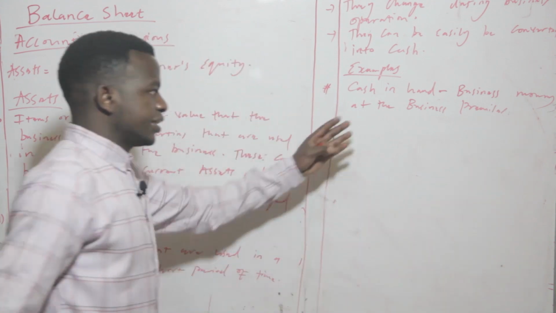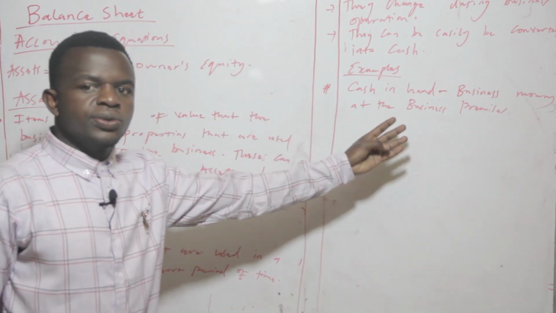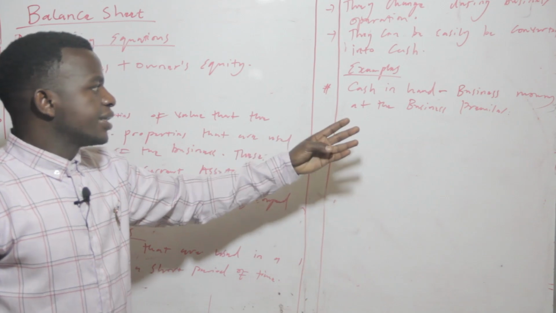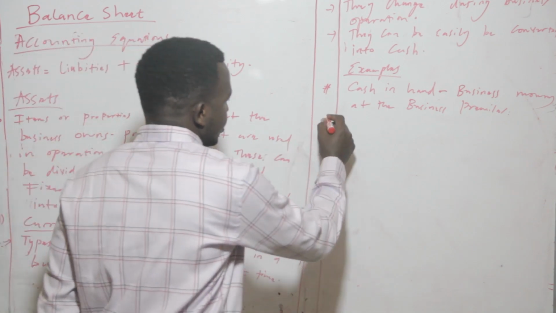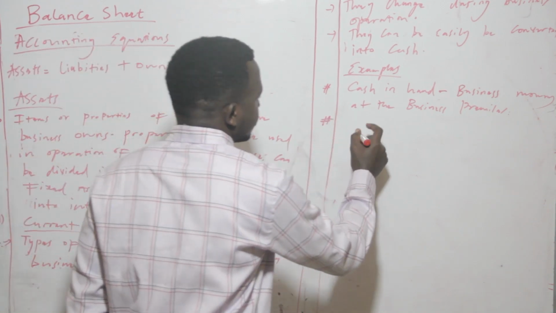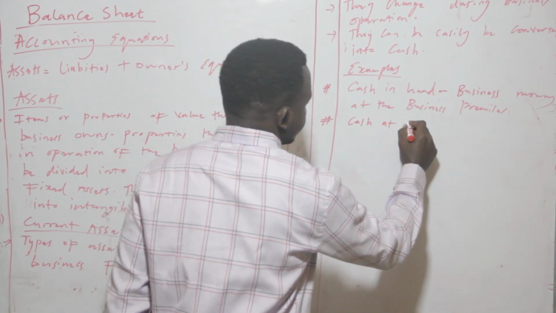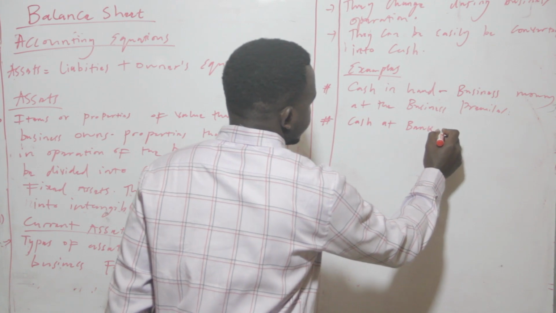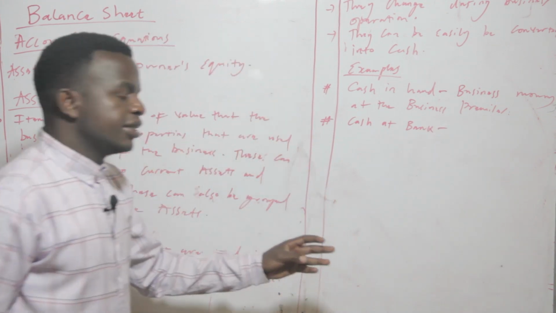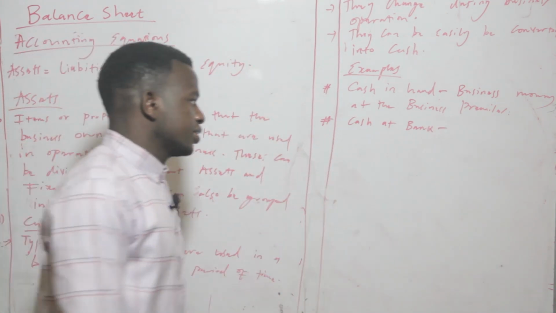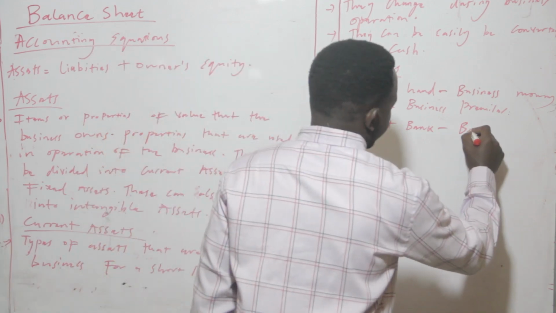That just refers to the business money at the business premises. Then the other example, we have cash at bank. So this is the business money on the bank account.